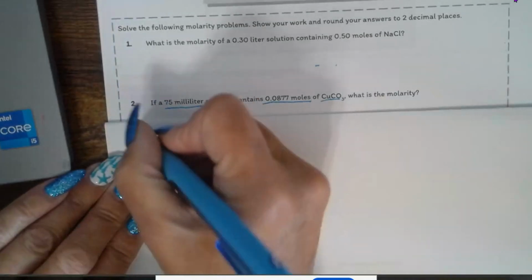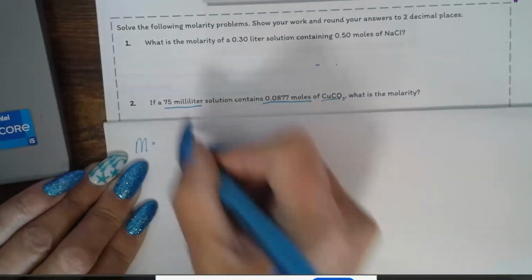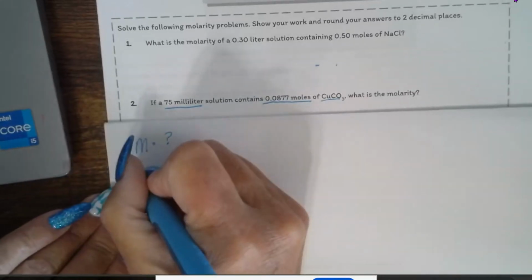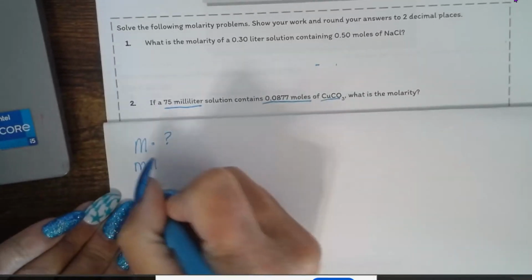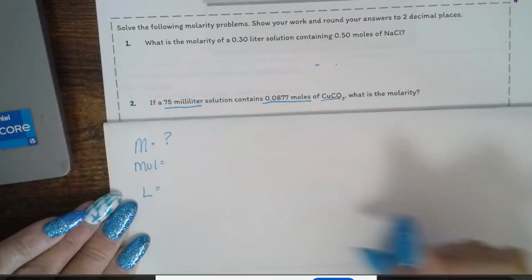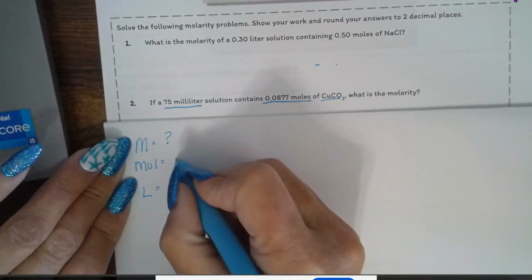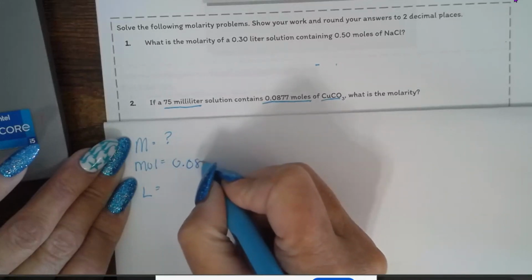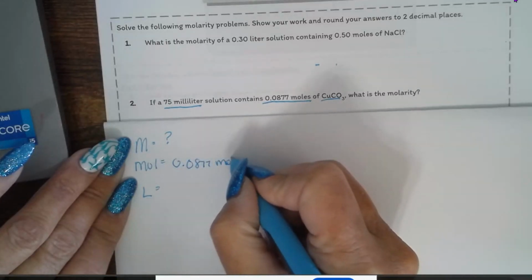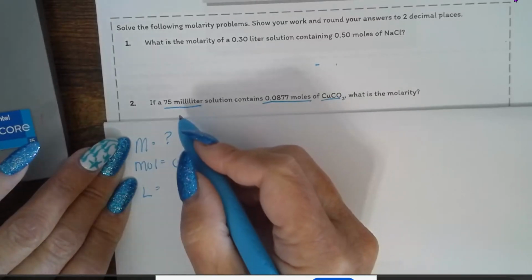Okay, so I need capital M, molarity, that's what I'm trying to find. I need the number of moles, and I need the number of liters. Okay, so it gives me the moles, 0.0877 moles, and it gives me milliliters.